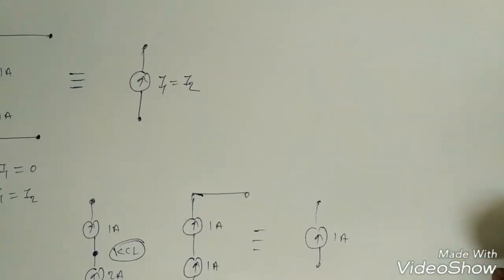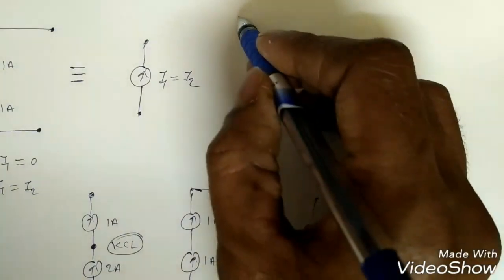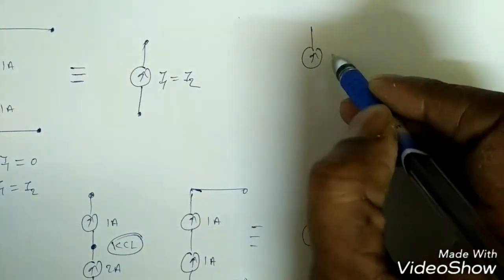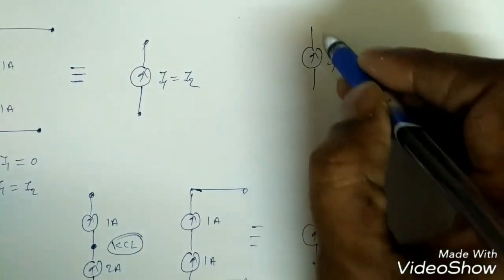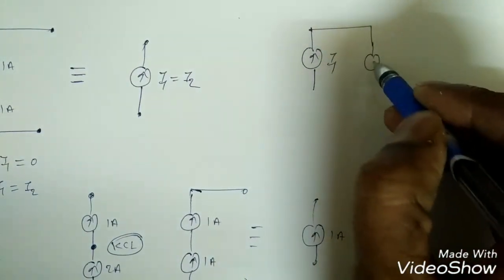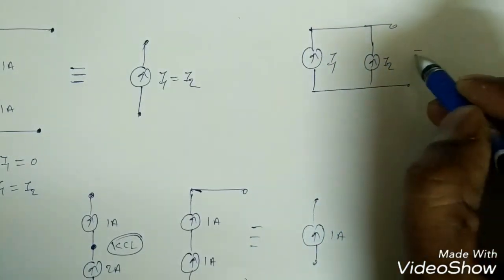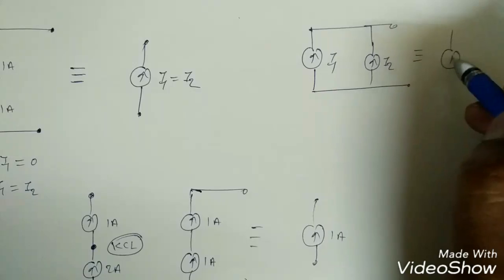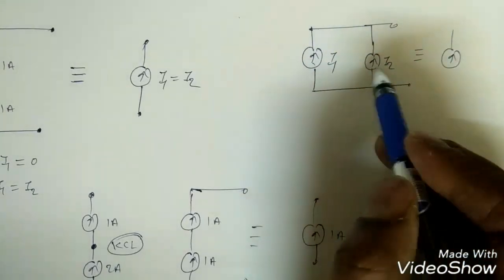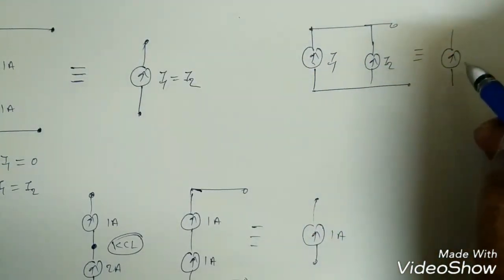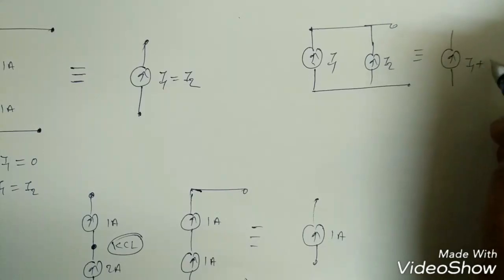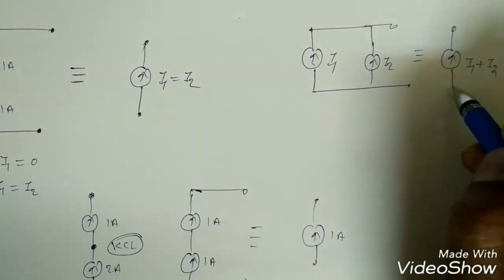Similarly, if I take a parallel connection, that is like this. Suppose this is I1 and current I2 is here, right? Now how can I replace this? Very simple. Both current directions are upward, so the resultant current direction is also upward, and it will become I1 plus I2, right?